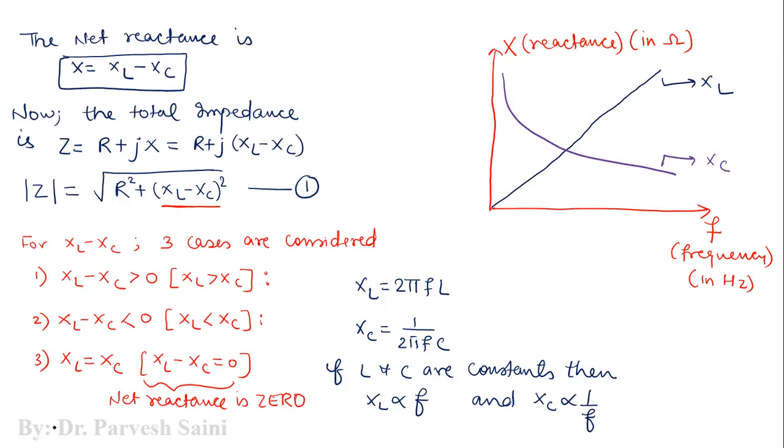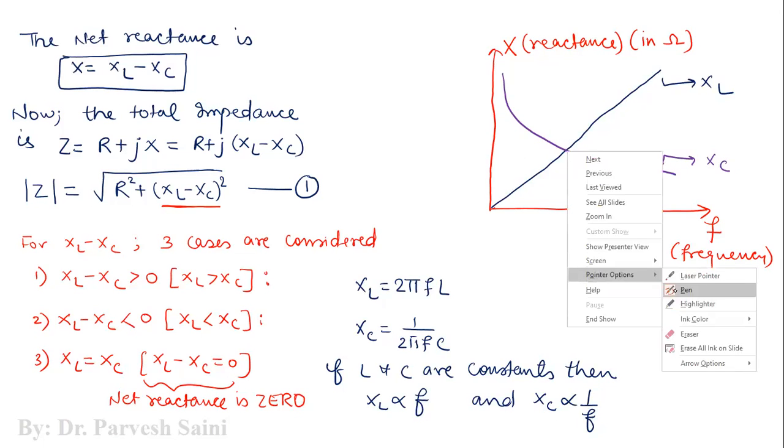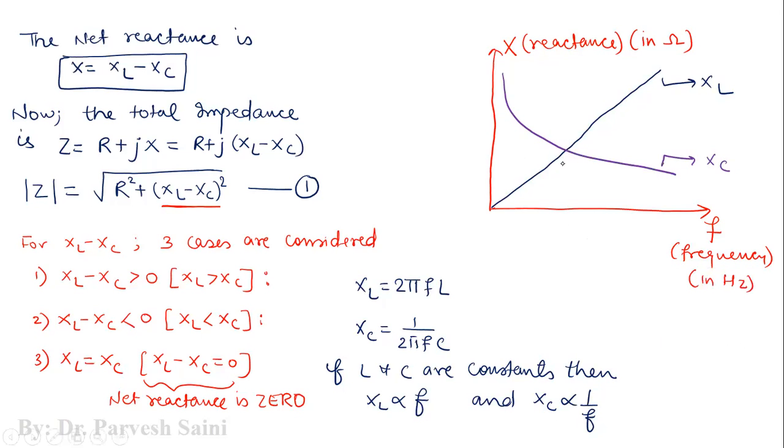Now they would intersect at one point. If you can see, they are intersecting at this particular point, right? So at this particular point, their value is equal. The value at this point is XL is equal to XC, right?